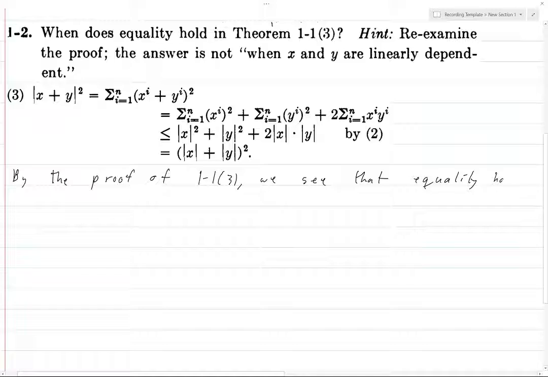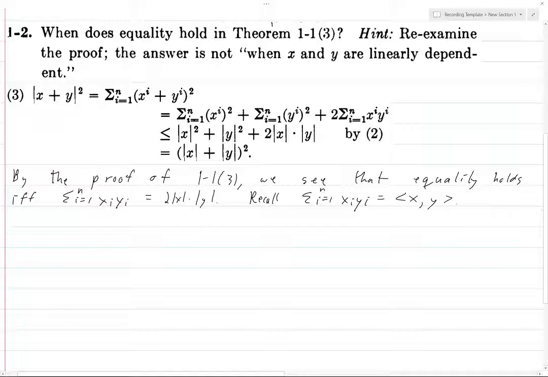It holds if and only if the sum from i equals 1 to n of that, and I'll write it with subscripts because I think that's a little easier, is equal to 2x dot y. See here, now the sum from i equals 1 to n of x_i y_i is by definition the inner product of x with y.